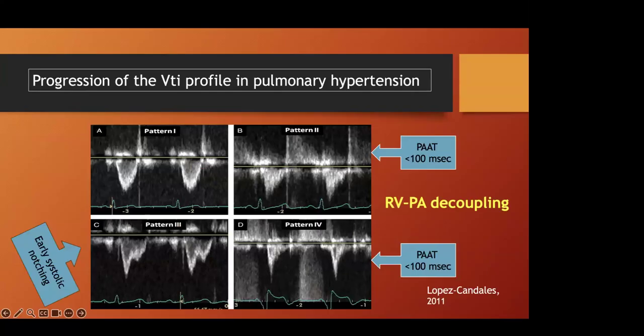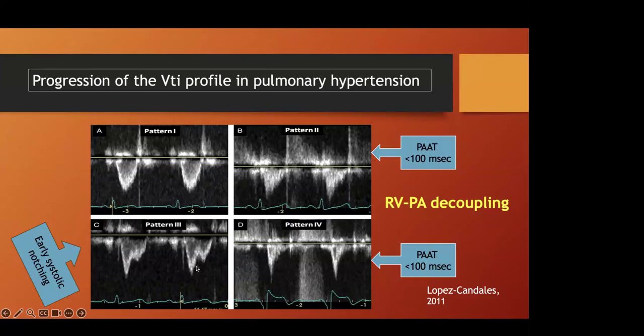So we can calculate PA pressures objectively by looking at the RVOT VTI profile, or we can even calculate your systolic pressures based on the TR jet velocity. You can see here the velocity is rapidly rising and reaches the peak slowly. This indicates the PAT, or the acceleration time, is less. If it is less than 120 or less than 100, it's very bad. That indicates the PA pressures are high.